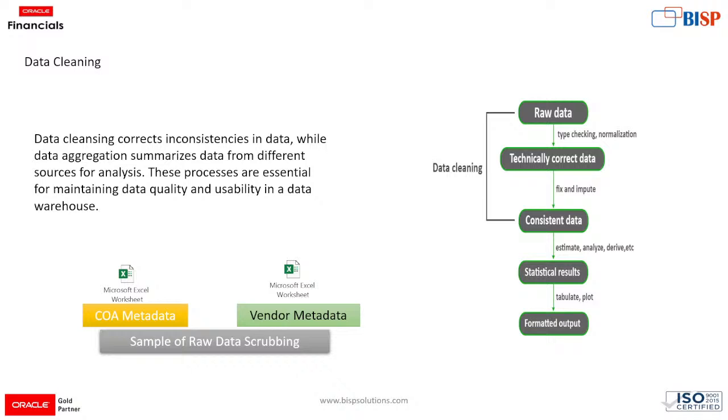Data cleaning is a critical process that involves identifying and correcting errors, inconsistencies and inaccuracies in the dataset. The goal is to improve the data quality and reliability, and make the data suitable for analysis and decision making.